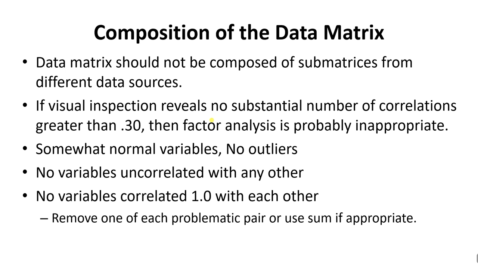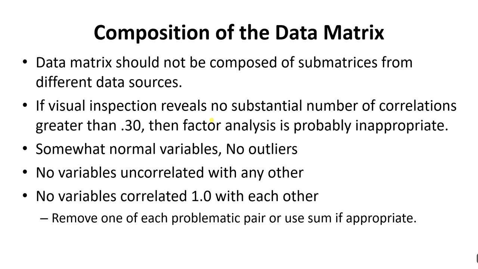Now, how to collect the data? Suppose you are working on a questionnaire having 50 items, and you collect data on say 100 participants. For quickness of data collection you split the questionnaire into two halves and administer 25 questions to 50 participants and the other 25 questions to the other 50. These sub-matrices of the data cannot be combined for factor analysis.